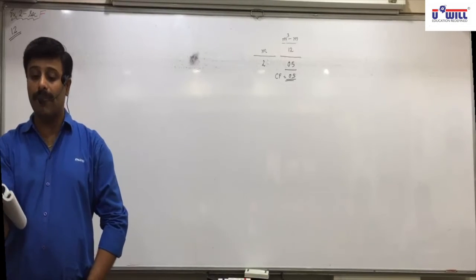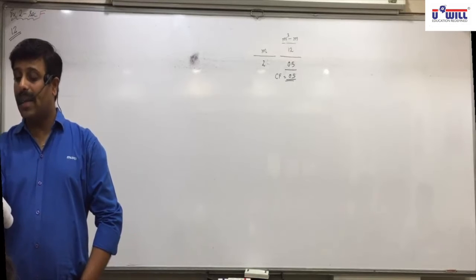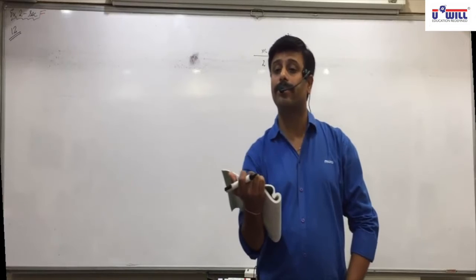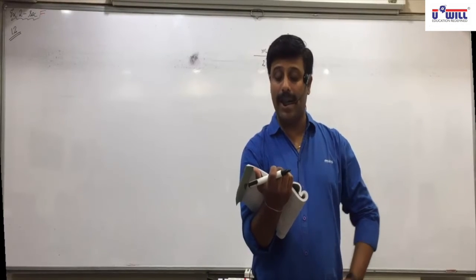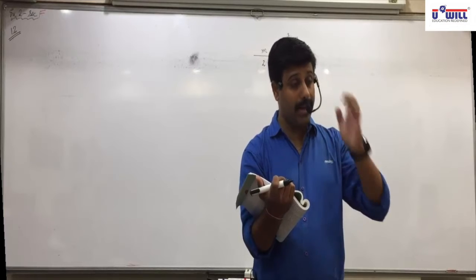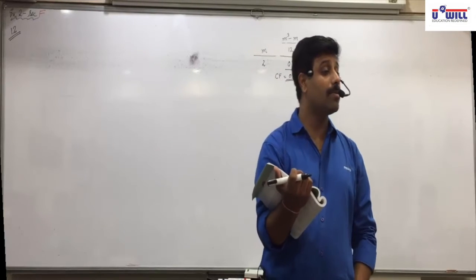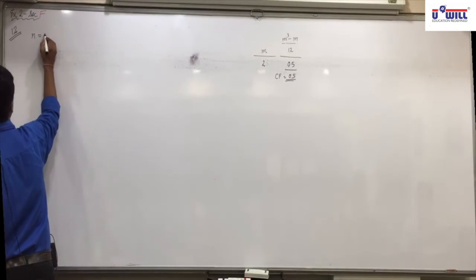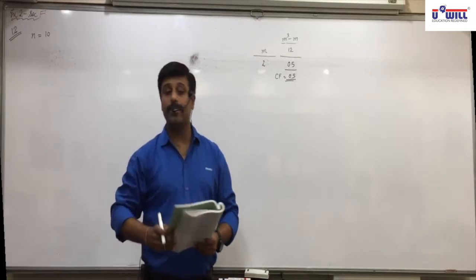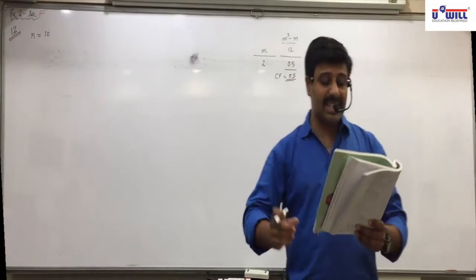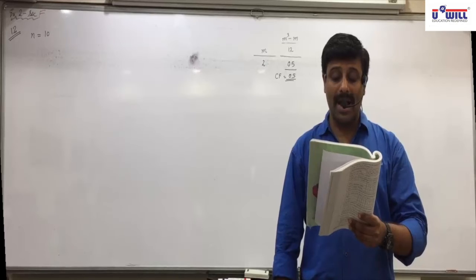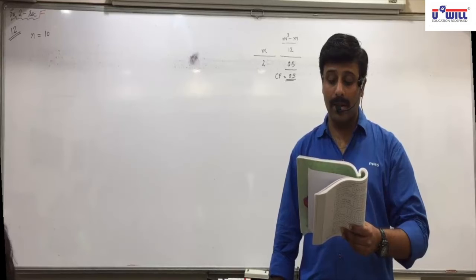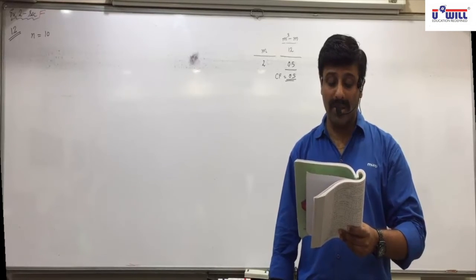Now, look at question number 12. The information of health index X and life expectancy Y is obtained for 10 people. Write down n equals to 10 first of all. Further, these data are ranked to find the rank correlation, and the sum of squares of the ranks was found to be 42.5.